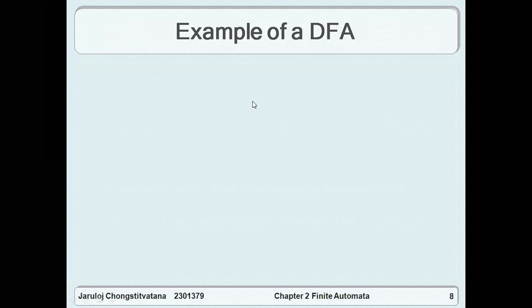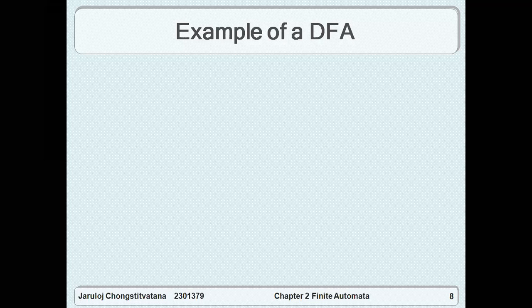Okay, then next, we have one example of DFA. Before discussing an example of DFA, what are the types of DFA? We have two types of finite automata.